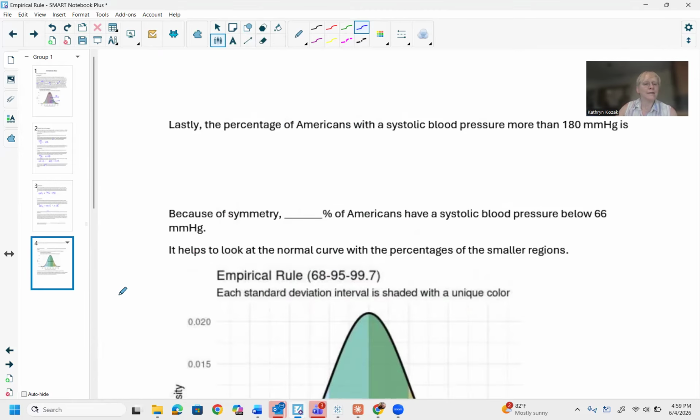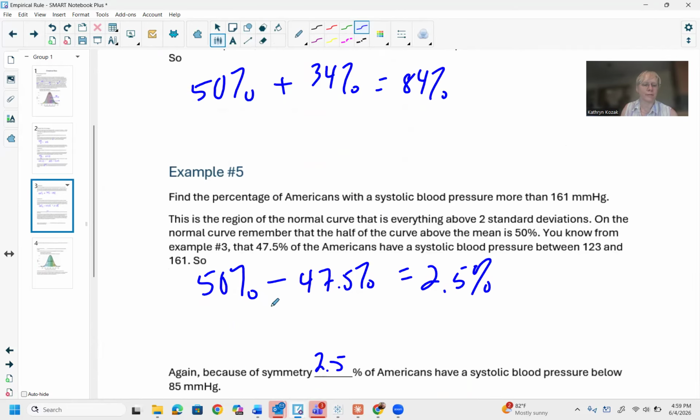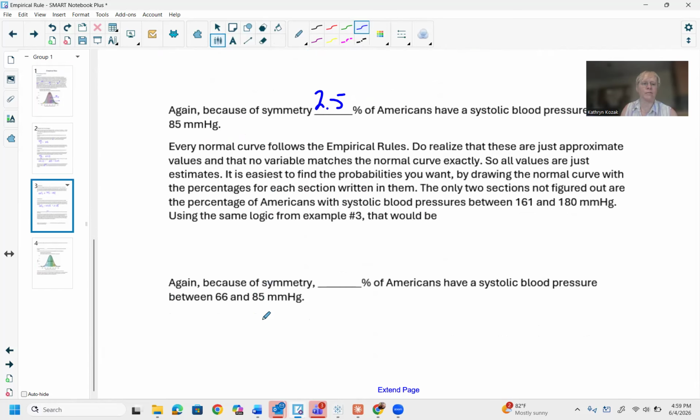So, lastly, using the same logic from example 3, that would be 50%. I'm sorry. That would be 99.7% divided by 2, then minus the 47.5%.